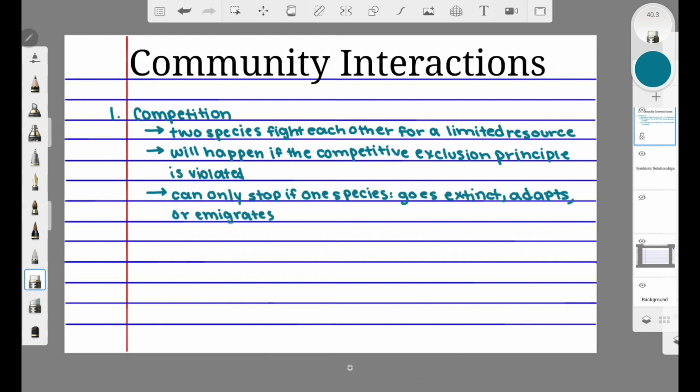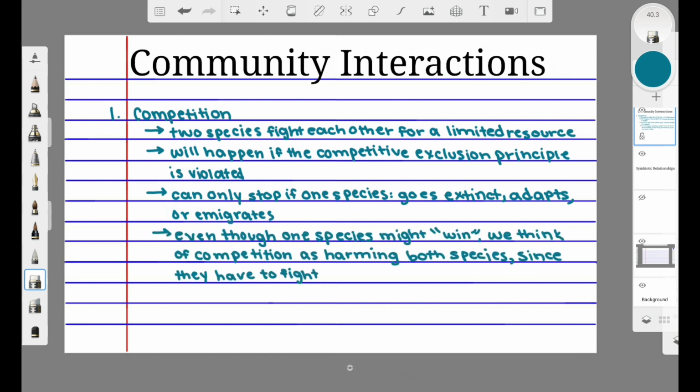And competition can only end if one species goes extinct or they adapt to eat another food source, or something happens where another food source comes in for them, or they emigrate out of the community and find somewhere else.